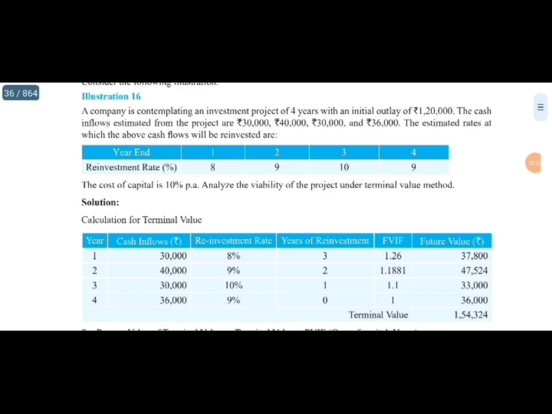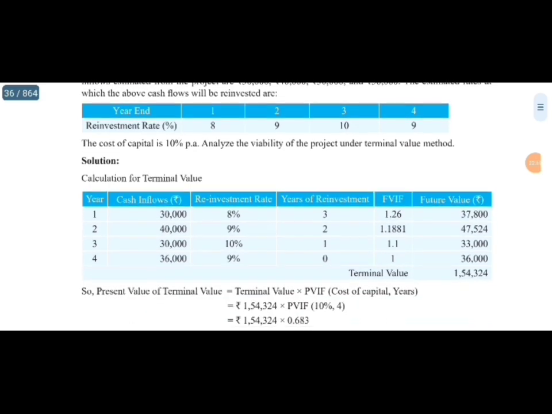So in the previous method they only gave the cost of capital, whereas here they have given different reinvestment rates for the life of the project. In the modified IRR method, the reinvestment rate remains the same as the cost of capital. Only the year of reinvestment was the difference we saw.